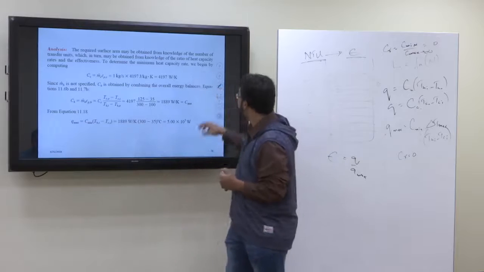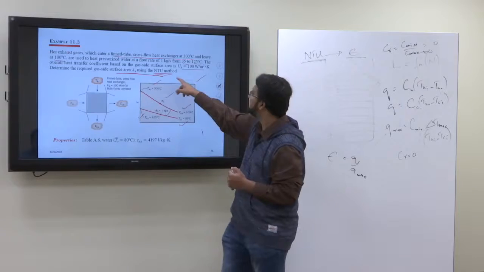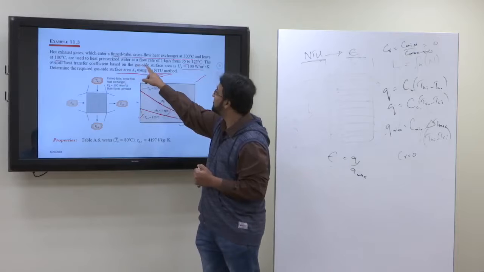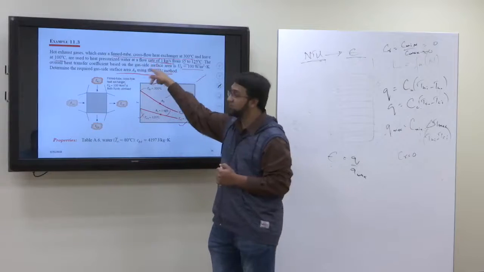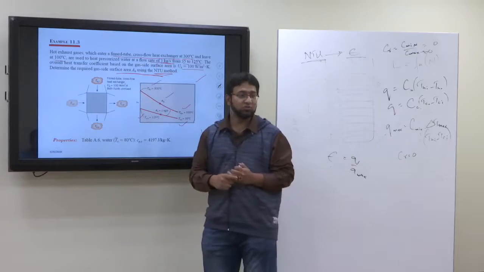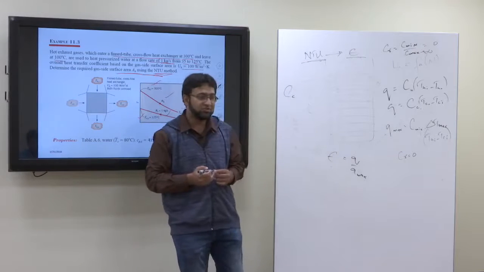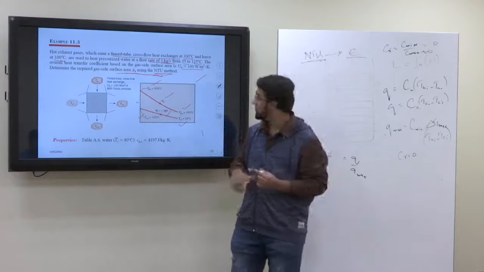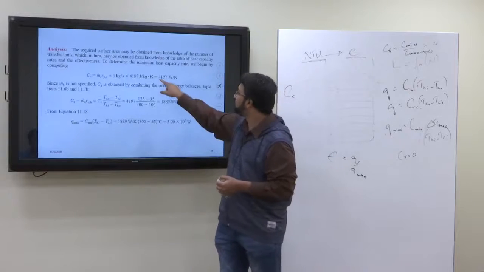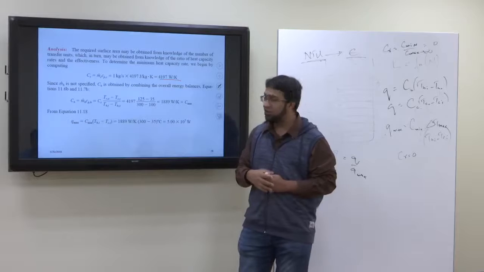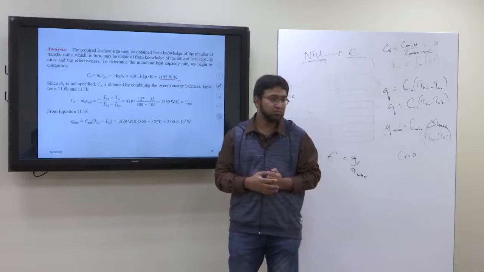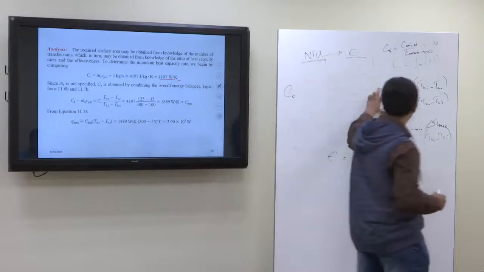So we know the cold side water flow rate, used to heat pressurized water at a flow rate of this. For the cold side, Cc we can find easily because m dot and Cp we know. So Cc we can find out. If we know Cc, we can find Ch as well by using these two equations.